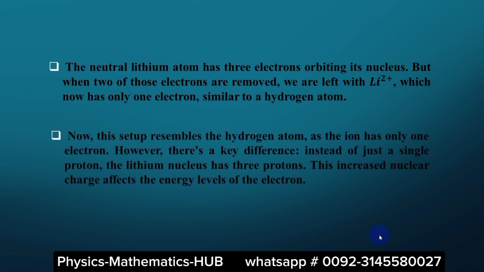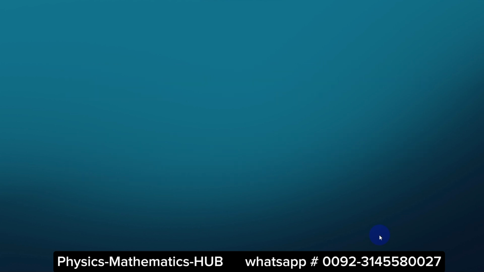Now this setup resembles the hydrogen atom as the ion has only 1 electron. However, there is a key difference. Instead of just a single proton, the lithium nucleus has 3 protons. This increased nuclear charge affects the energy level of the electrons. Now that we have a basic understanding of the doubly ionized lithium ion, let's move on to solving the problem.